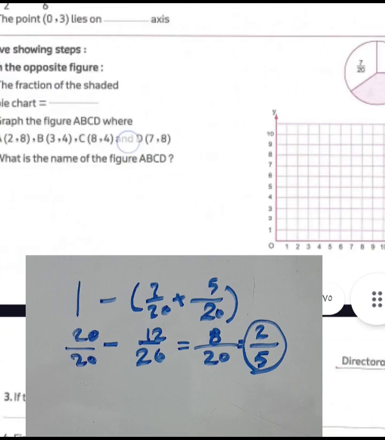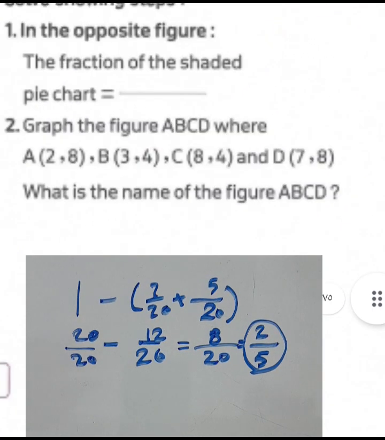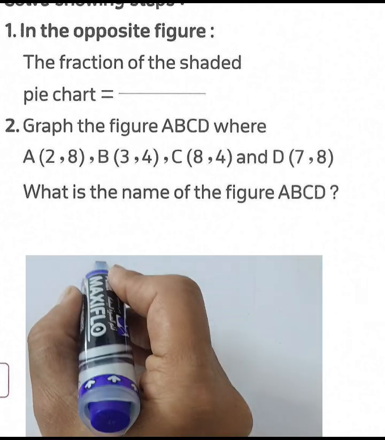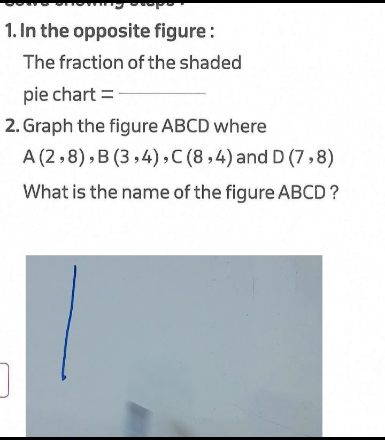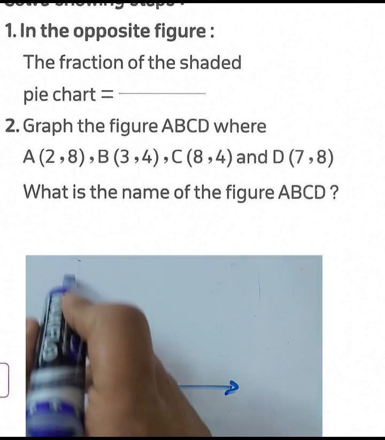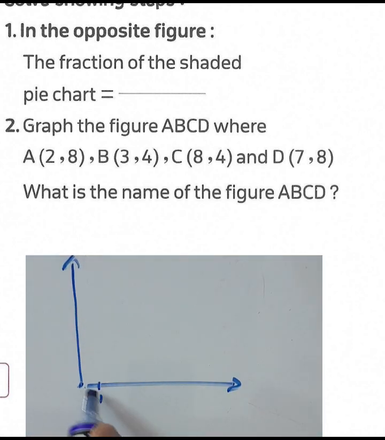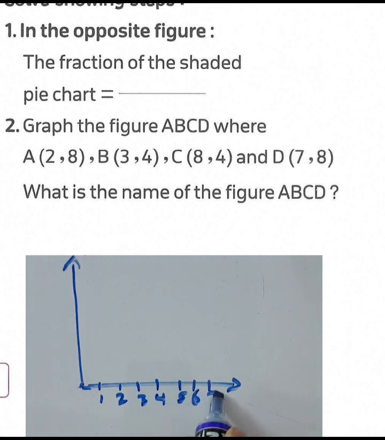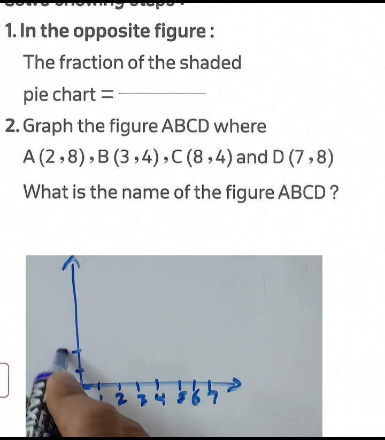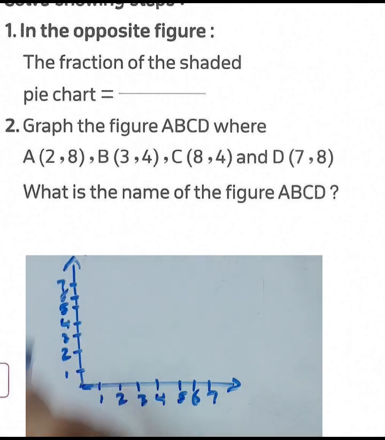Graph the points here. First point and the last one, what is the name of the figure? Okay, we can draw the graph here, 1, 2, 3, 4, 5, 6, 7 on each axis.